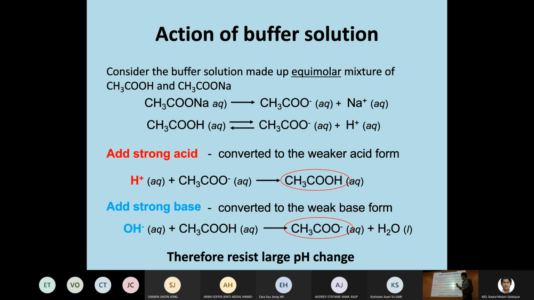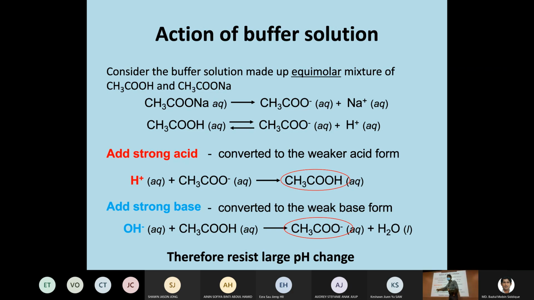So if we add strong acid, what is happening here? The acetate ion is being forced to produce more acid.